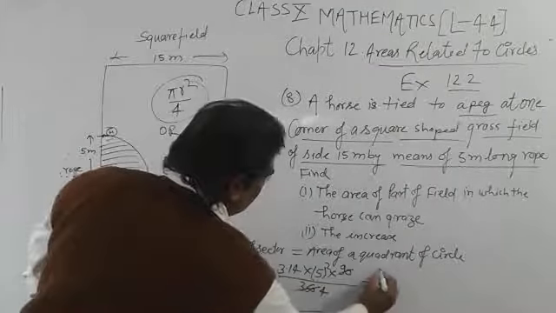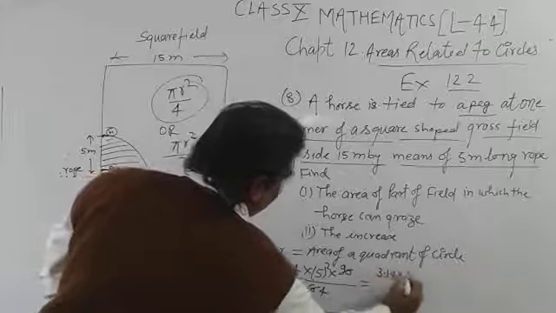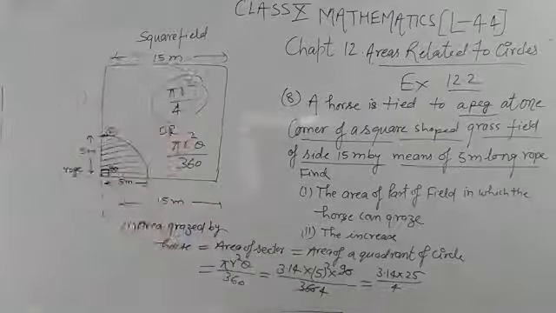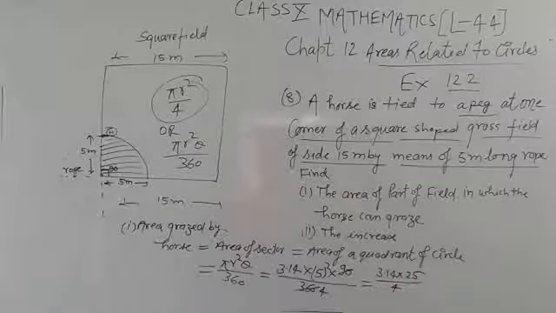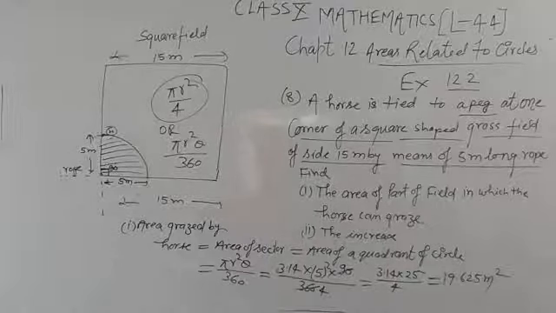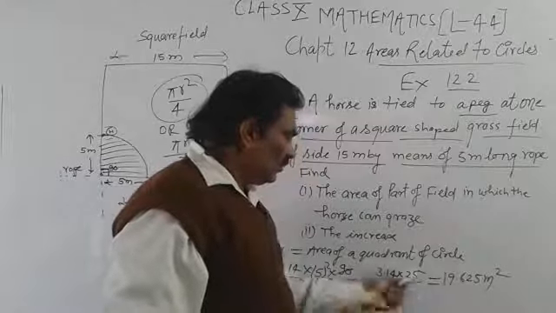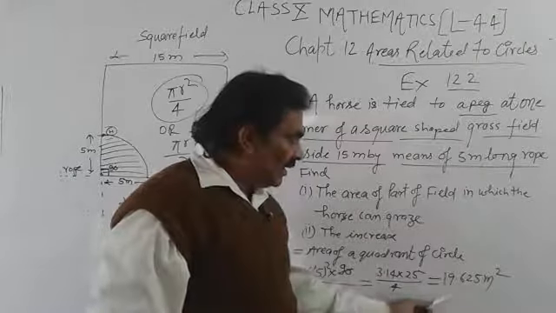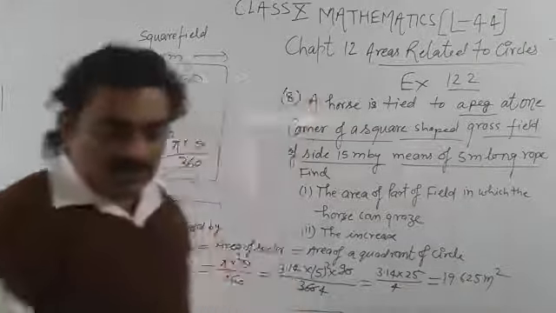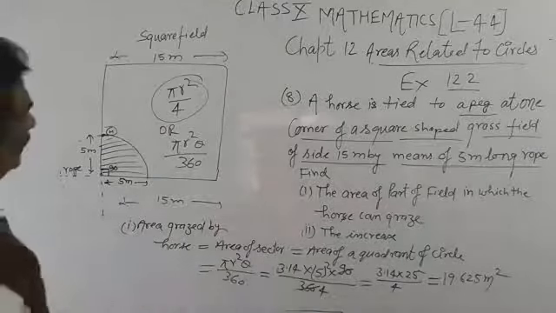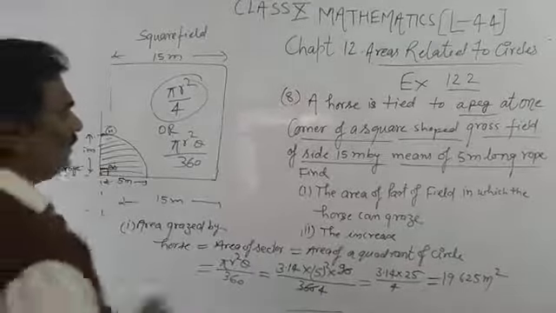So it can be written as 3.14 multiplied by 25 upon 4. Write this solution. If you solve this, you will get 19.625 meter square. So this is the answer. Pause it and write the solution. So it was the first part of this question.